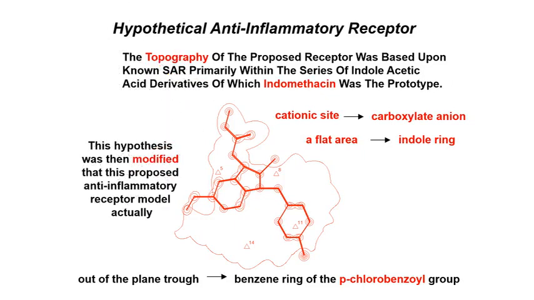By time and by the newer technology, they realized that this hypothesis was exactly confirming the structure of the active pocket in the cyclooxygenase enzyme.